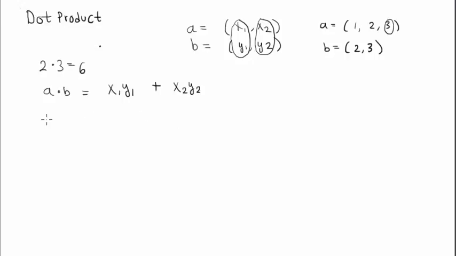Normally these will be vectors, so you normally see a little arrow on top, or if it's printed, you'll see a bolded A or a bolded B. But let's ignore all of the formal things for now. It's just important that you get the idea of how to find a dot product.